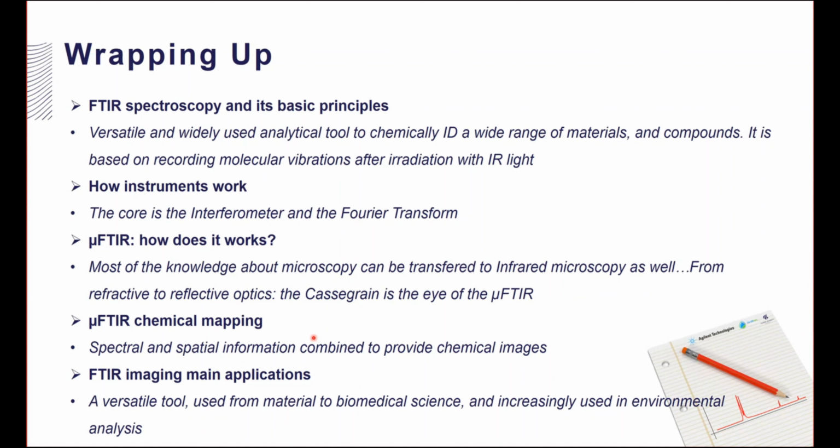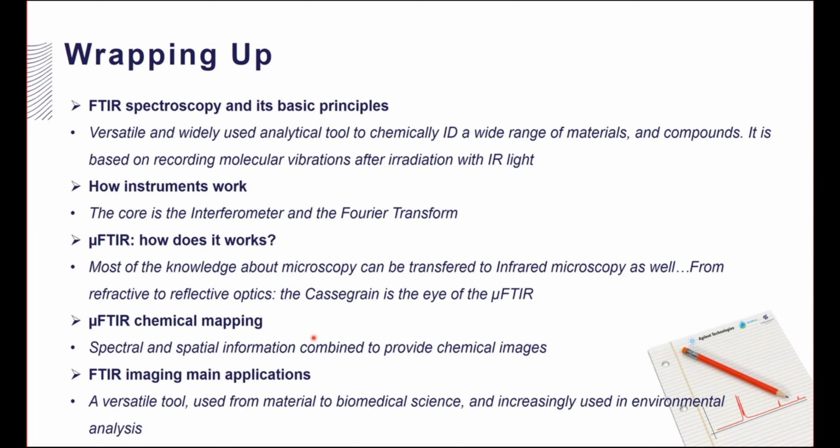It's basically based on recording the molecular vibration after irradiating the sample with infrared light. And FTIR works based on the principle of the interferometer, the Michelson interferometer, which allows us to collect the signal in a quite short time. And then this signal can be transformed into frequencies by using Fourier transform.